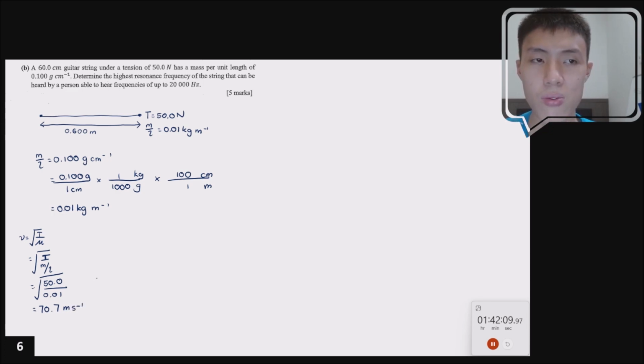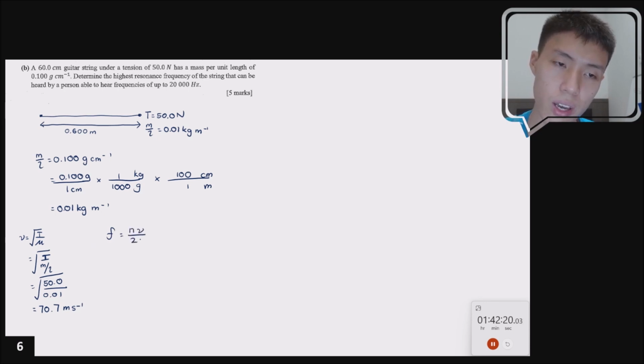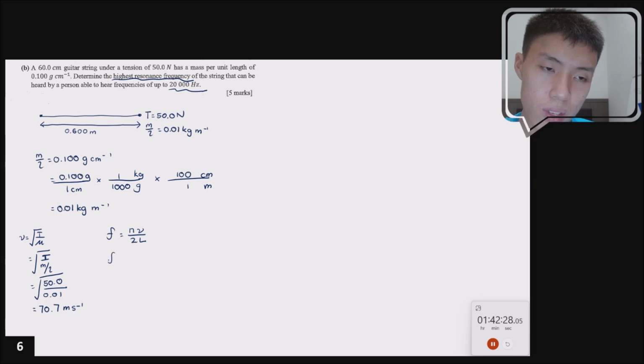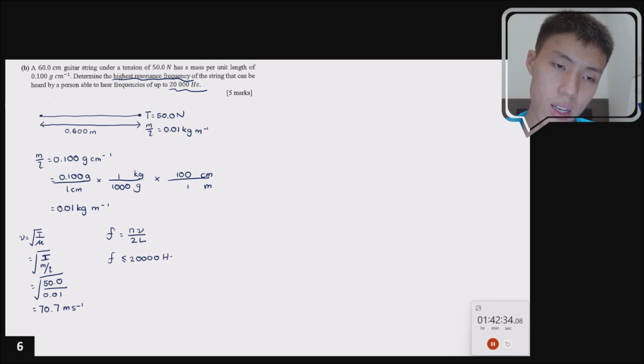Now you know this is a stretched string situation and they ask for frequency. So you know that the frequency for a stretched string is nv over 2L. But now they ask for the highest resonance frequency and you know that the highest is 20,000. So frequency must be less than or equal to 20,000 hertz.